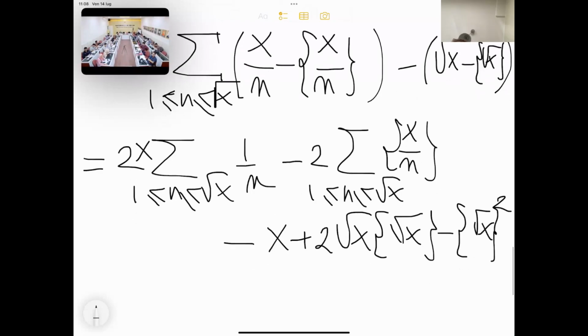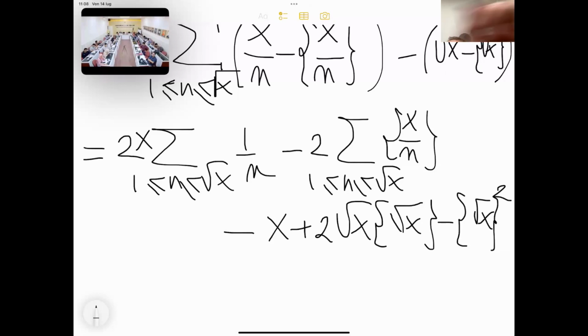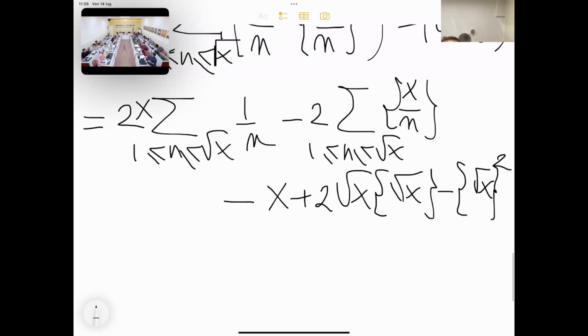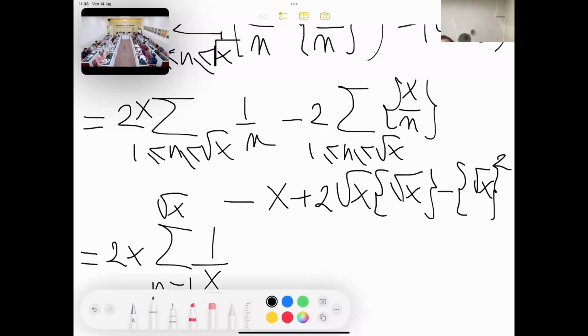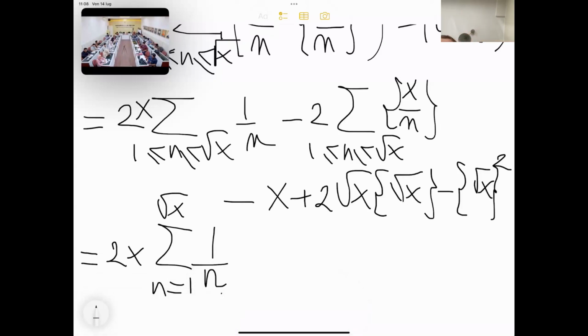And now, well, first, let's put something on one side. So on this side, we have 2x times the sum for n goes from 1 to the square root of x, 1 over n. Then I have a minus x.